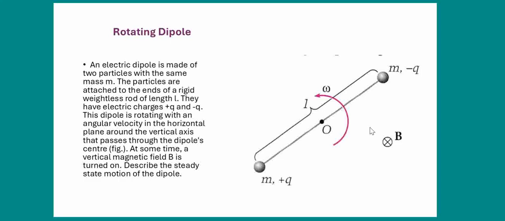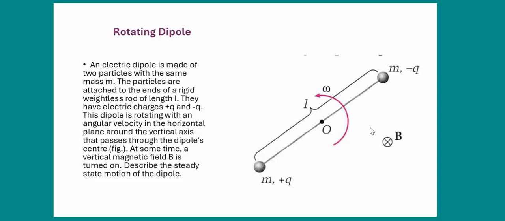So that means we have to consider things when the magnetic field is turned on. I guess each particle will be affected by the Lorentz force itself, the magnetic force, qvB in this case.